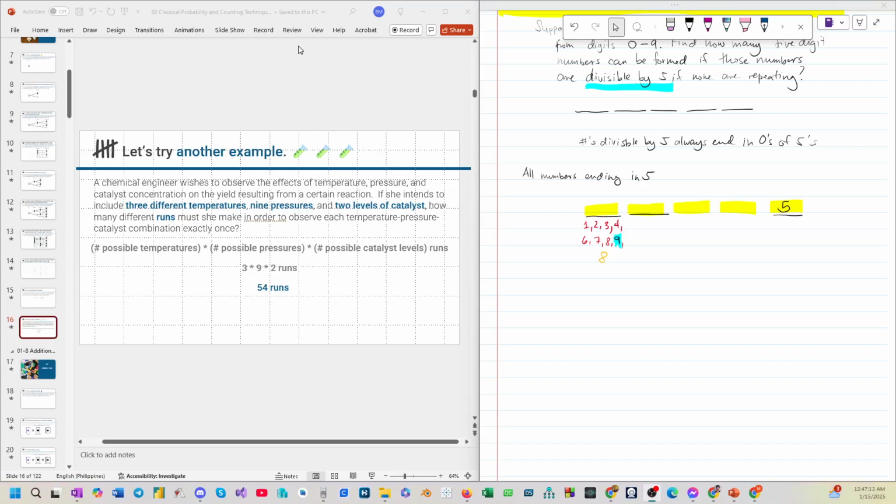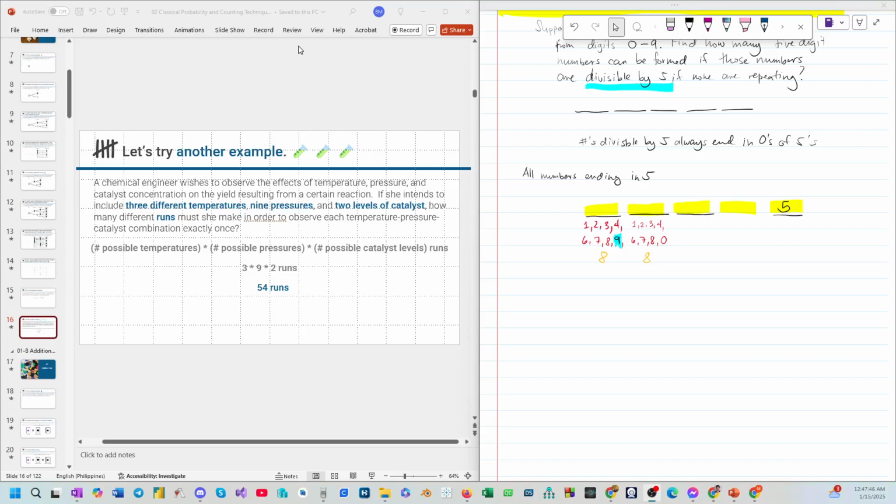So what we can now use is what? 1, 2, 3, 4. We cannot use 5 anymore kasi you already used it in the last digit. 6, 7, 8. What else? We can now use 0 here, correct? Kasi it's the second digit naman eh. So how many do we have? 1, 2, 3, 4, 5, 6, 7, 8. Again, 8 siya ulit.